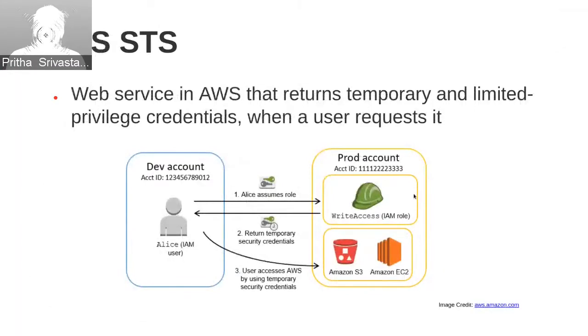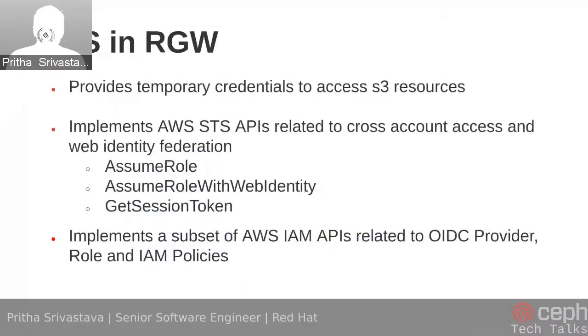So what is AWS STS? It is a web service in AWS that returns temporary and limited privilege credentials to the user when it requests for it. And it is mainly used for identity federation, cross-account access, and in EC2 applications that run on EC2 servers. So in case of STS in RGW, it returns temporary credentials, which are mainly used for accessing S3 resources in RGW.